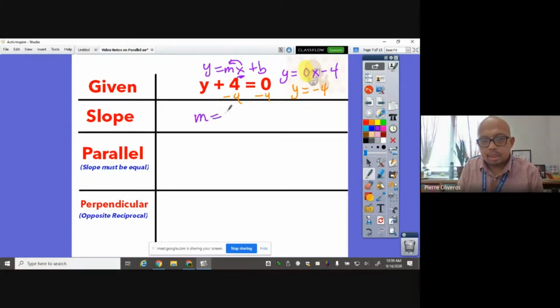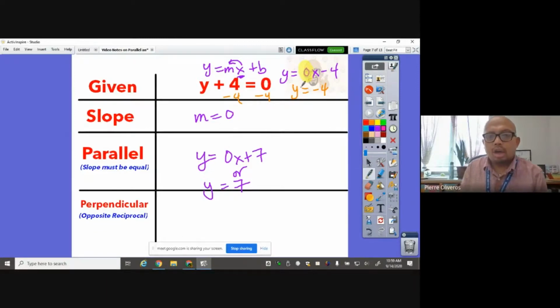Slope here is 0. And so a good problem there would be y is equal to, say, 0x plus 7, or better read it as y is equal to just 7. The negative reciprocal of 0 is going to be undefined.